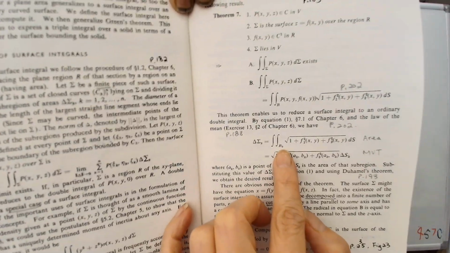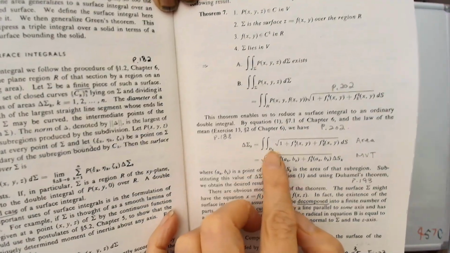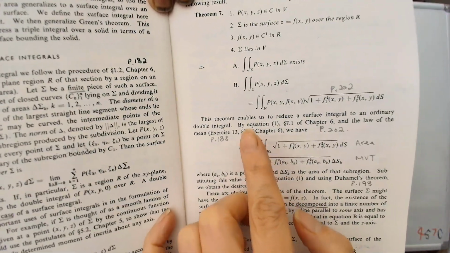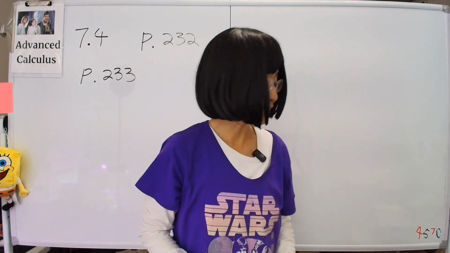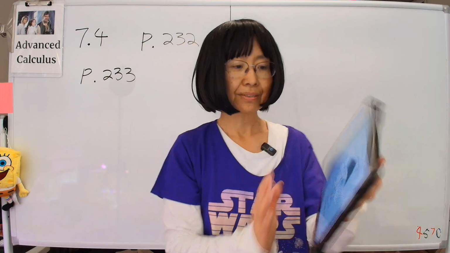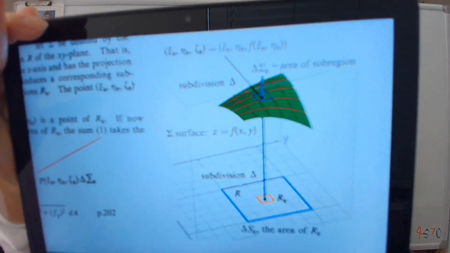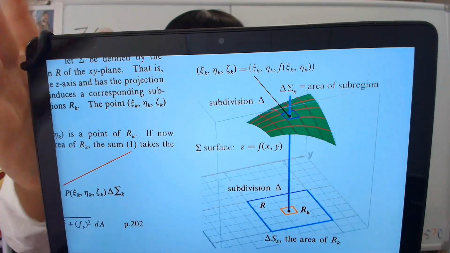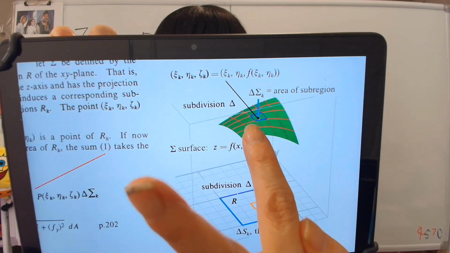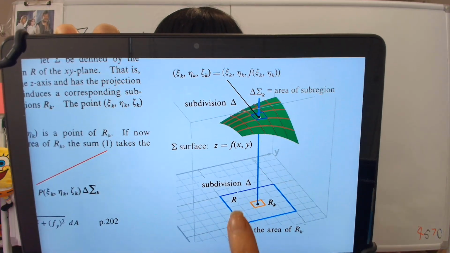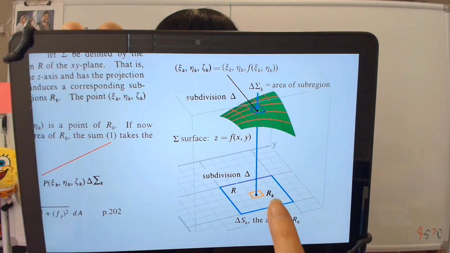So, is there a k there? Yes, I think so. Following that exact formula, right? And maybe I should show you that picture again. See, this part here, we have that delta sigma k on top, the little square shaped thing here, which is exactly the shadow of the function value of the thing on the bottom.